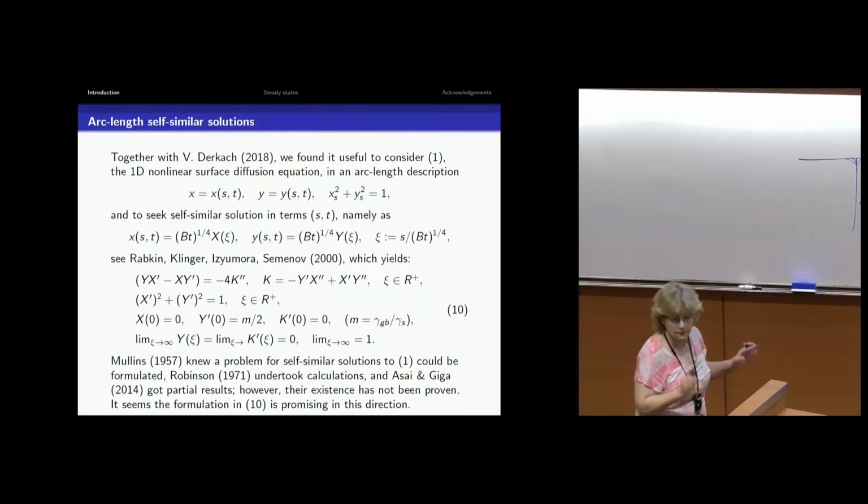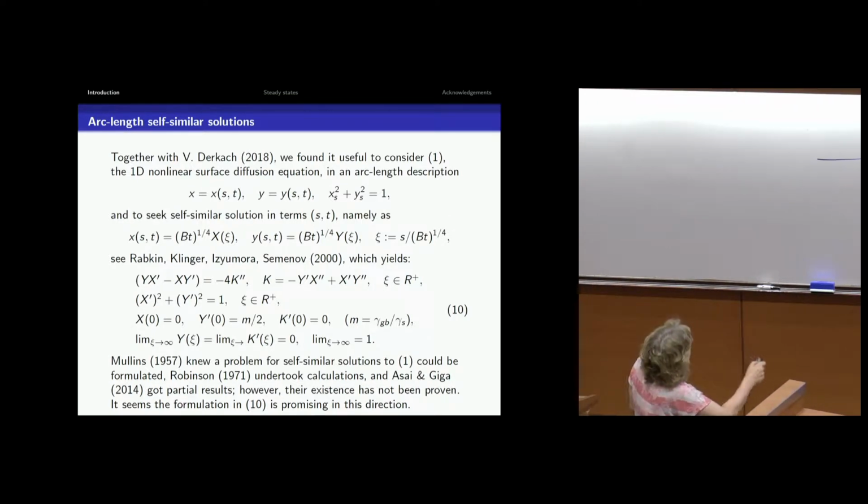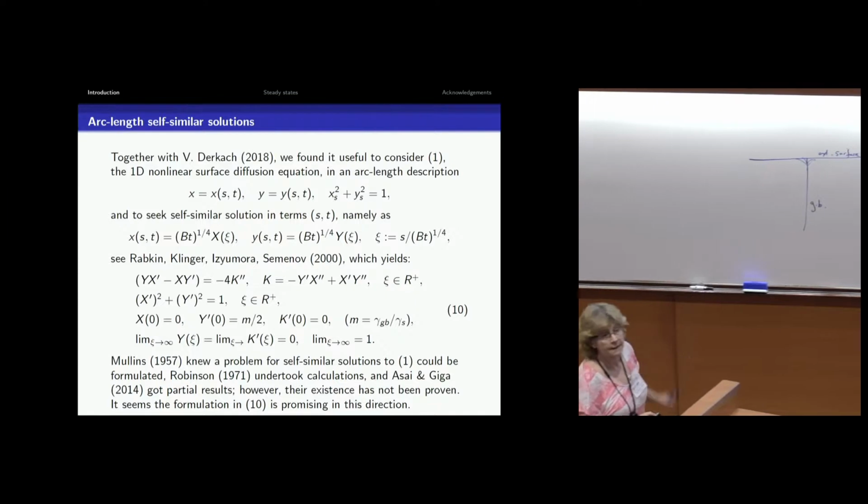At least they wrote down the equations, but they didn't take it out to this problem formulation which we made. So this is essentially the full nonlinear but 1D model in these variables, and these are really the same boundary conditions, the full boundary conditions of Mullins prior to his linearization.